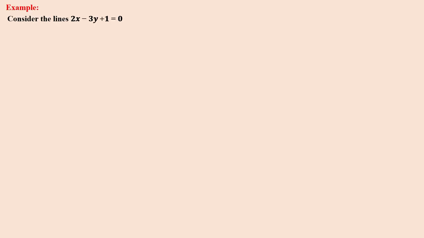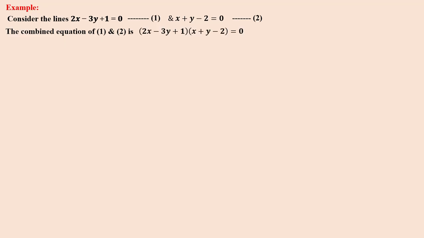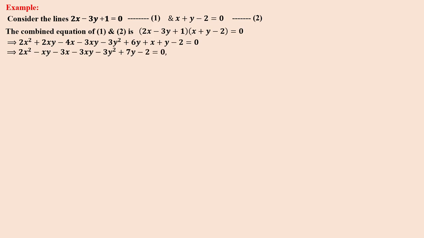Next example, consider the line equations 2x minus 3y plus 1 equal to 0, equation 1, and x plus y minus 2 equal to 0, equation 2. The combined equation is 2x minus 3y plus 1 into x plus y minus 2 equal to 0. Multiplying this, you will get 2x square plus 2xy minus 4x minus 3xy minus 3y square plus 6y plus x plus y minus 2 equal to 0.